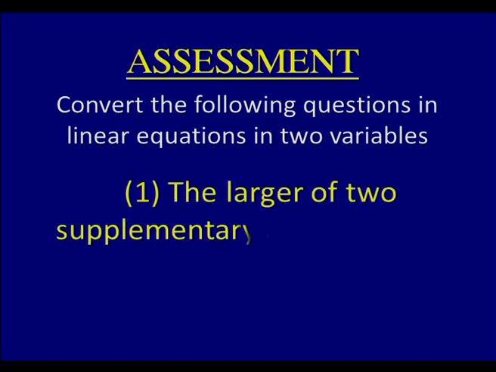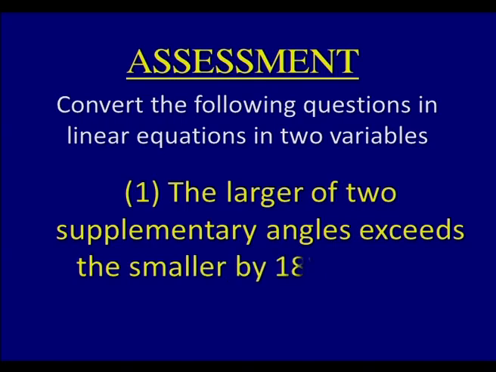First question: the larger of two supplementary angles exceeds the smaller by 18 degrees. Find the angles. You know about the supplementary angles. By this concept, you have to prepare two linear equations in two variables.